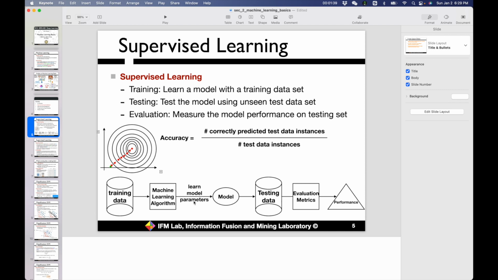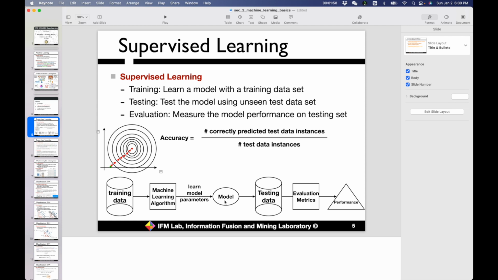By learning the parameters, we get a model. So the model means the machine learning algorithm together with the learned parameters. Together they define a model.